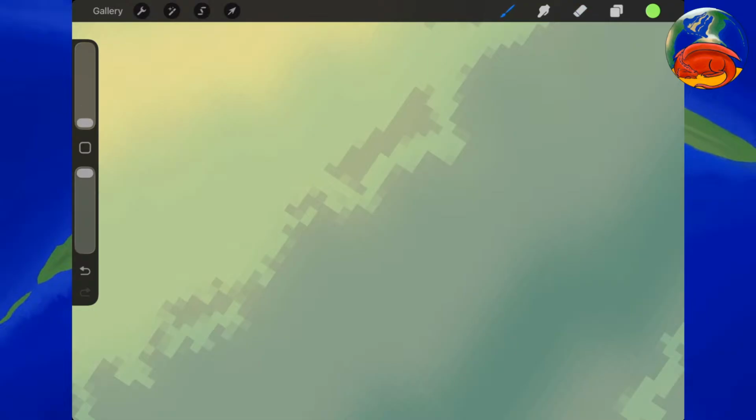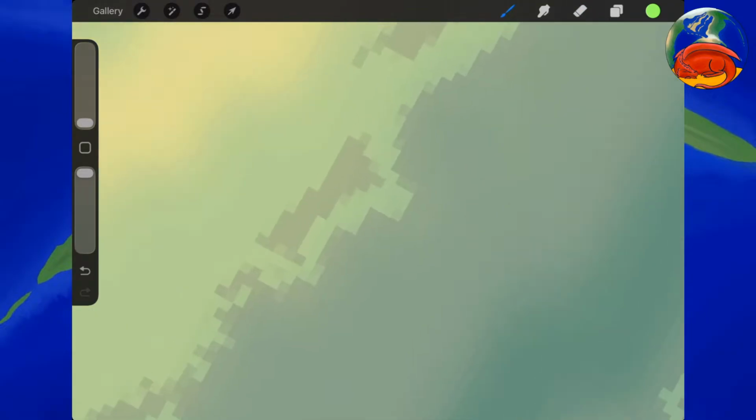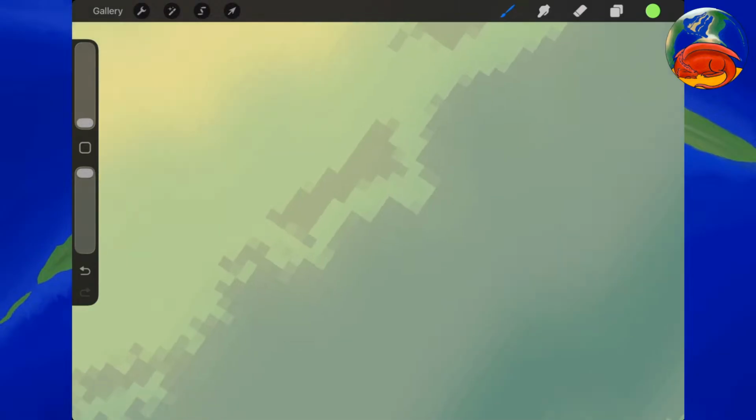I find the best way to do this is just going back and forth, building out layers of complexity as you go.